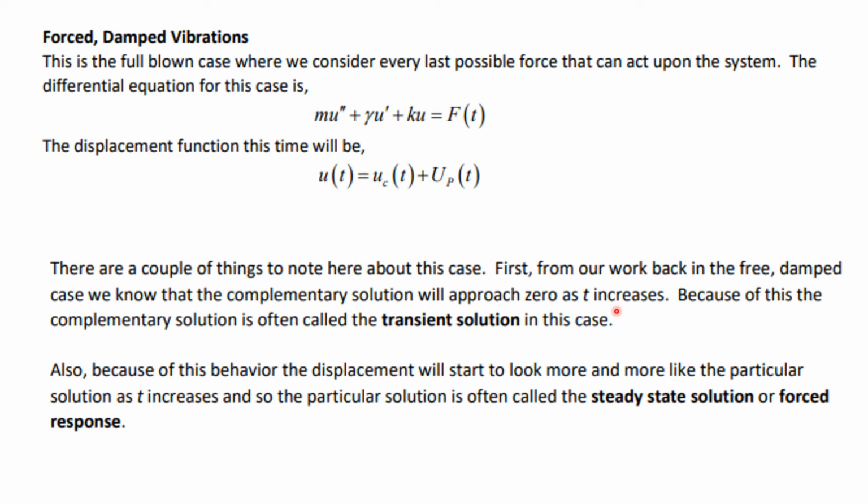It is going to be exponentials, but they're going to have a negative coefficient inside the exponential, so those will go to 0 over time. And since that goes to 0 over time, that is called a transient solution, or a transient part of the solution. And so that means that the behavior of the displacement will start to look more and more like the particular solution as t increases. So the particular solution is called the steady state solution, or forced response. It is the one that will endure over time.